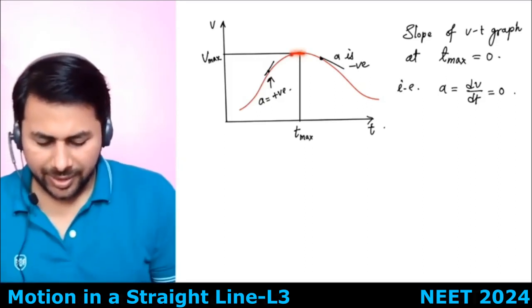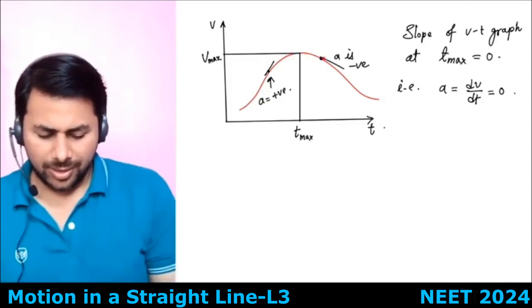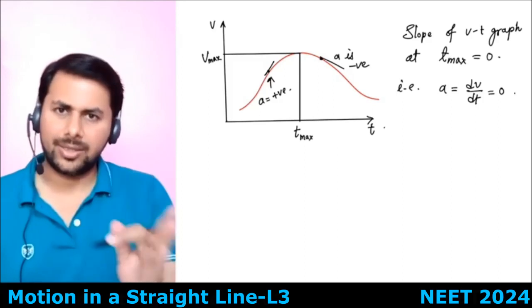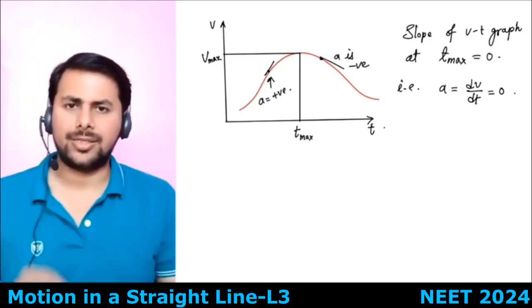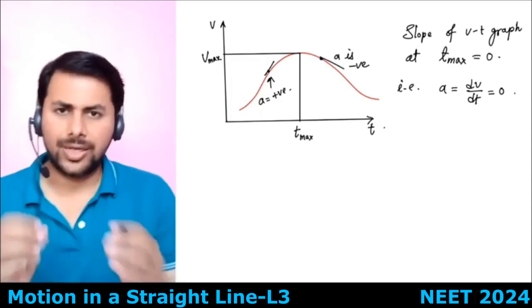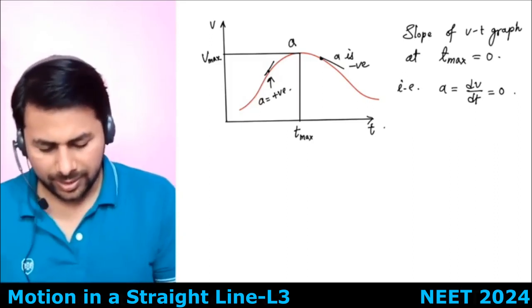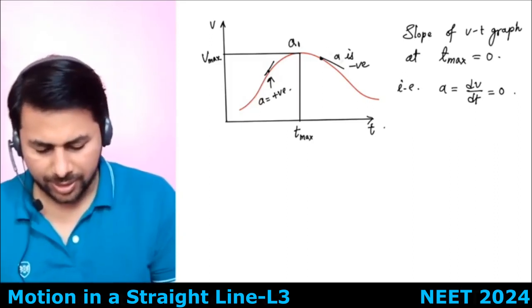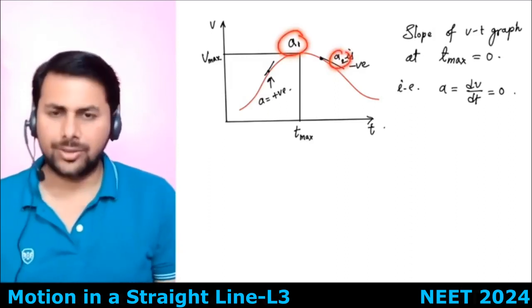Acceleration here is 0. After this point, if you take another point, suppose here, at this point the acceleration is negative. So for the change in acceleration, let's suppose this is a1, this is a2. So a1 is 0, a2 is negative.